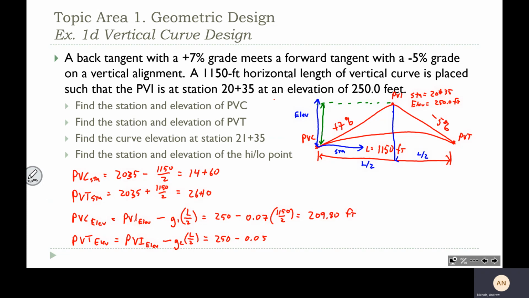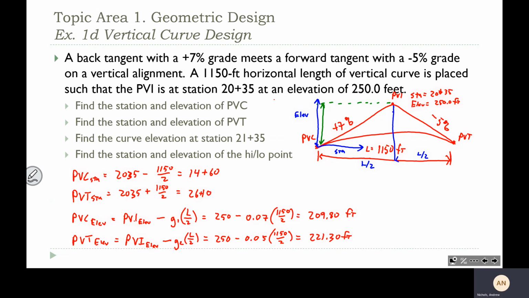So again, a little common sense. And that would make sense that that one's not as low, because you're going the same horizontal distance, but at a not as steep of a slope, so you're going to end up at a higher elevation than the PVC.